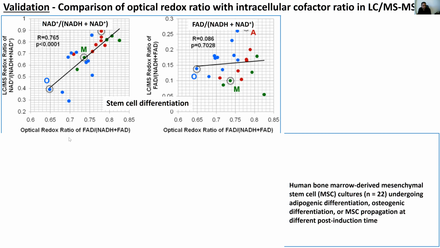If you look at the optical redox ratio as defined here, FAD by NADH plus FAD, and if you look at the LCMS ratio, NAD plus by NADH plus NAD, and these three colors are three types of differentiation, you can see a very good correlation between the optical redox ratio and LCMS. This correlation was much less if we measure the LCMS of FAD by NADH plus FAD.